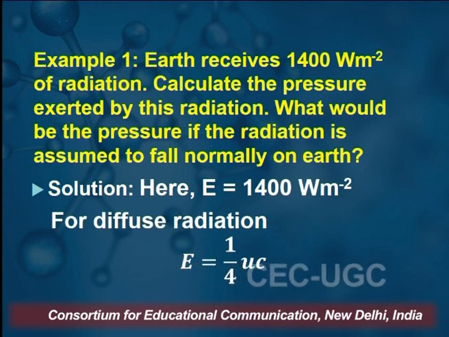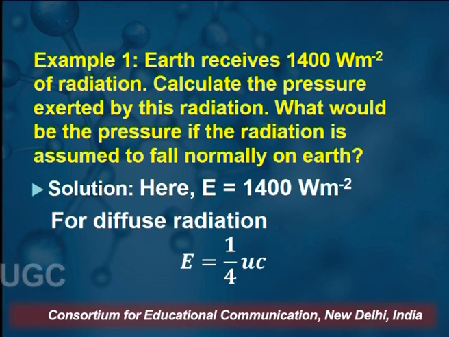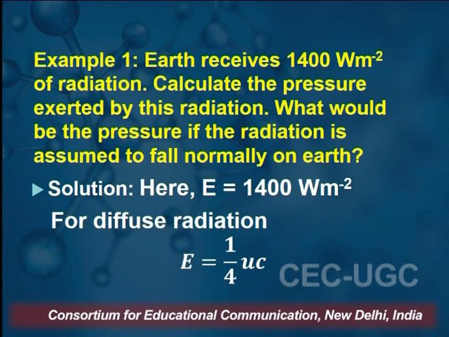Now, before I move on to discuss more laws of black body radiation, let me discuss a few problems in which we have applied the concepts studied so far. So, first example. Earth receives 1400 watt per meter square of radiation.